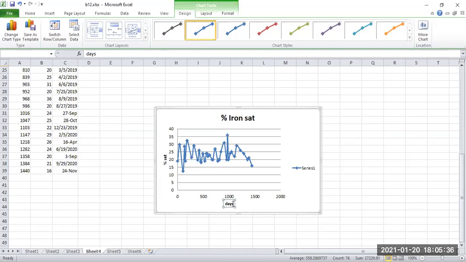So I have done a connect the dots style graph that shows a title. It shows both axes labels, and it shows all of the lines connected. And I can see that, realistically, my blood work shouldn't look like this.